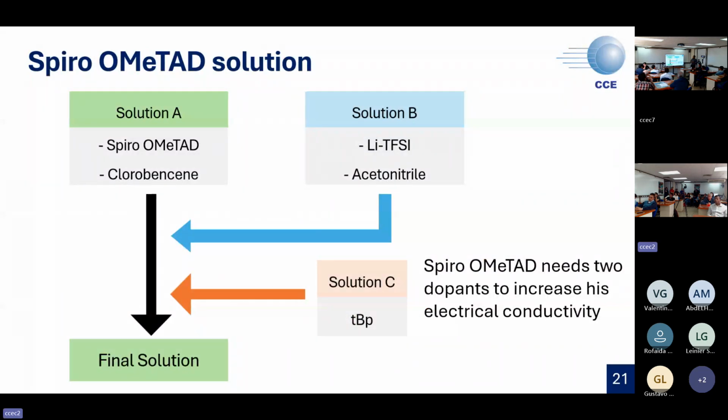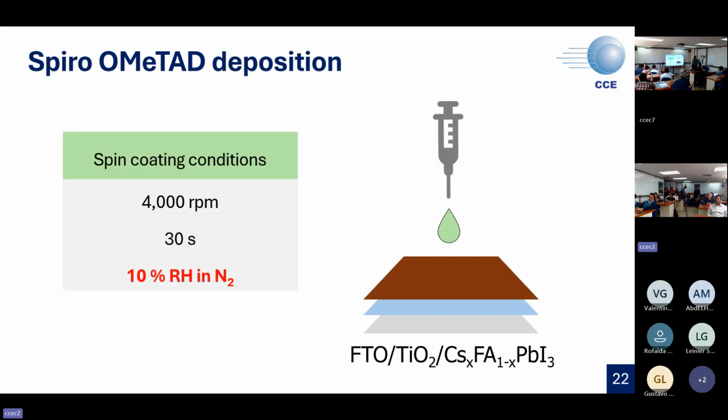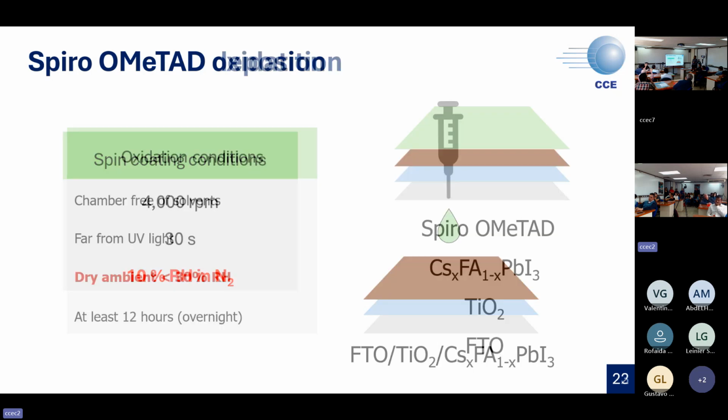For the fabrication of the hole transport layer, spiro-OMeTAD is a very complex material to fabricate. Why? Because the spiro-OMeTAD solution needs two dopants to increase its electrical conductivity. We need a lithium salt and we need tert-butylpyridine to stabilize the lithium salt. In a second step, we have the spin coating deposition of the spiro-OMeTAD thin film.